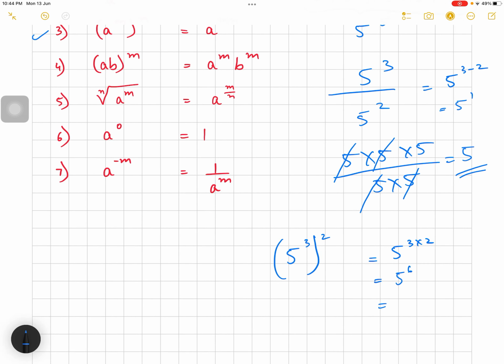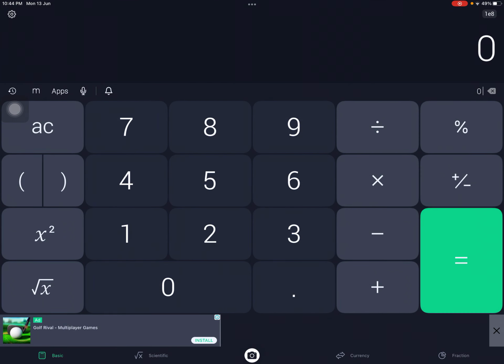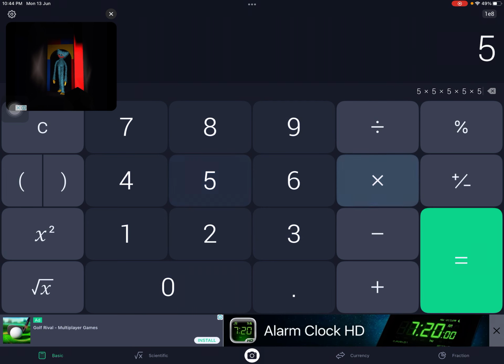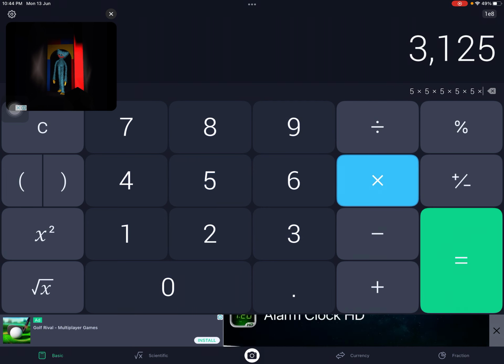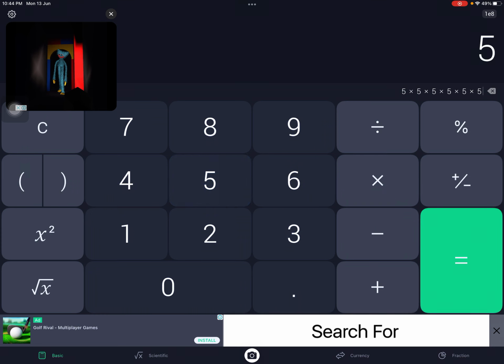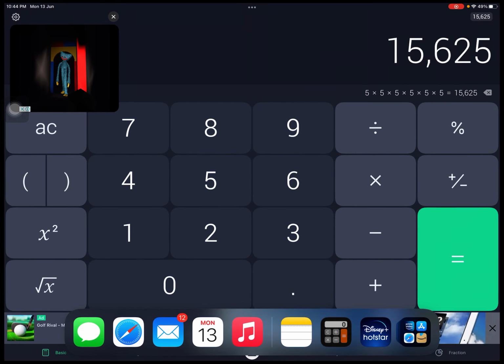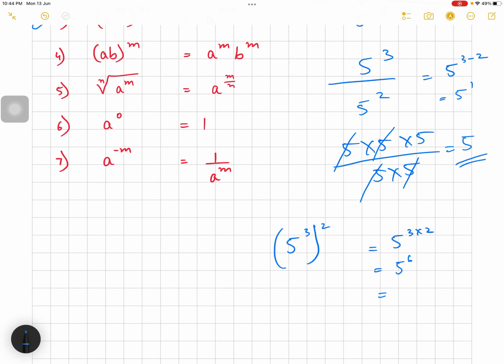How much is 5 raised to 6? Just calculate. 5 into 5 into 5 into 5 into 5 into 5, that is 6 fives. It is 15,625. So 5 raised to 6 is 15,625.